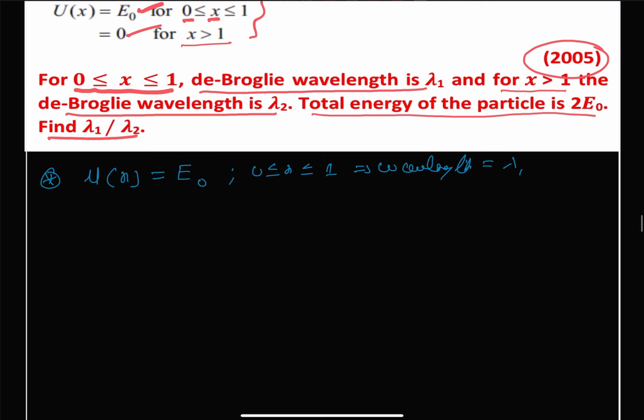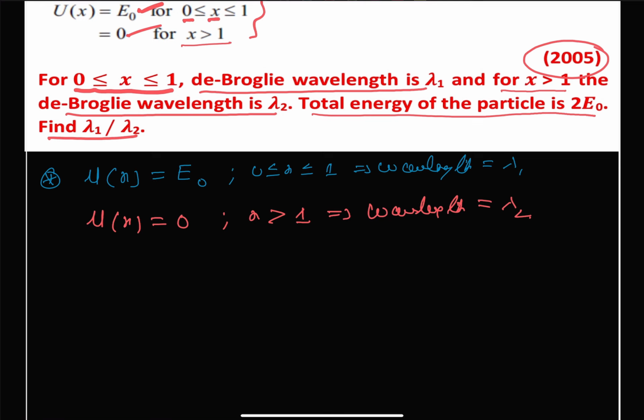Similarly, U of x will be equal to 0 when x is greater than 1, and for this range our wavelength is given to us as lambda 2. And we are given that the total energy of the particle is 2 E naught.